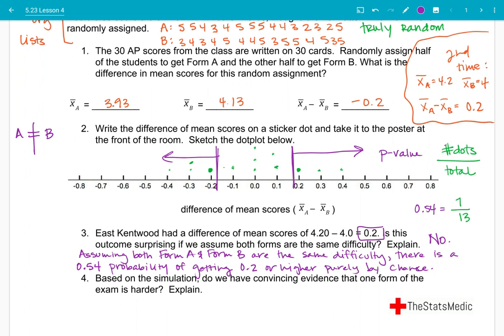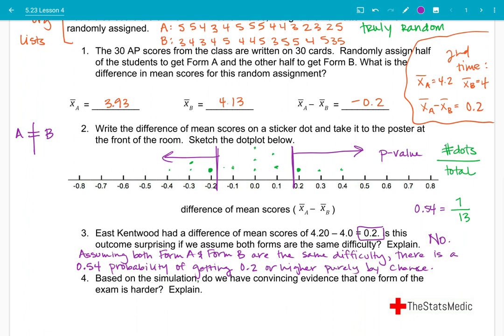There's a 54% chance of just getting this because it was random. So no, we're not convinced that Form A and Form B are different in their difficulty levels. We don't have anything statistically significant to use.